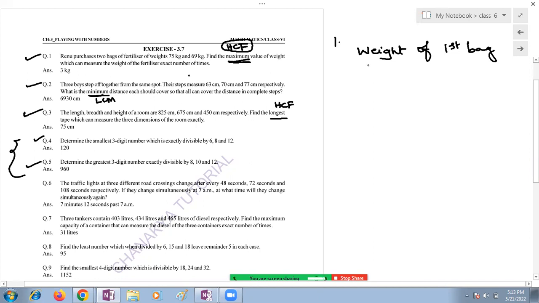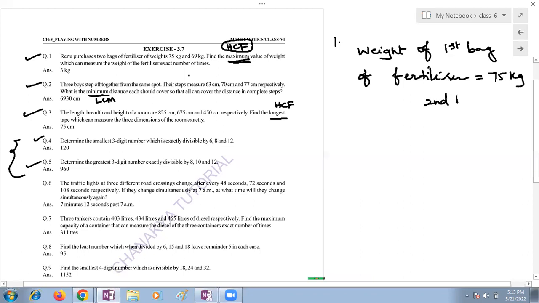You can write the complete one. Fertilizer means fertile. Fertile means what, children? Ma'am, you wrote fertilizer, 75 kg. And the second bag, ma'am, is 69 kg. These are the first two statements you are supposed to write.